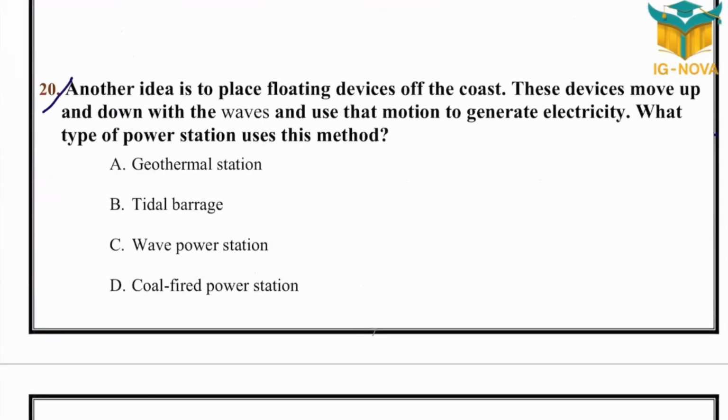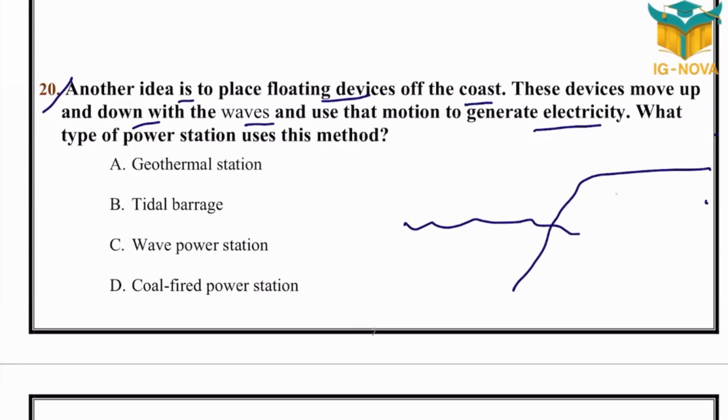Question 20. Another idea is to place floating devices off the coast. These devices move up and down with the waves and use that motion to generate electricity. So, by using waves, what's happening there? We have waves at the coast. At this coast, we build a chamber here. The chamber allows waves to enter.